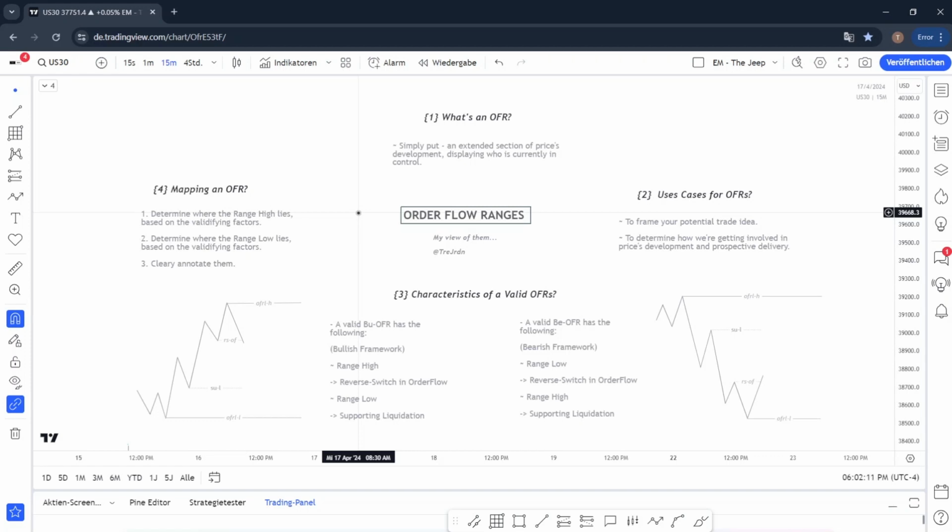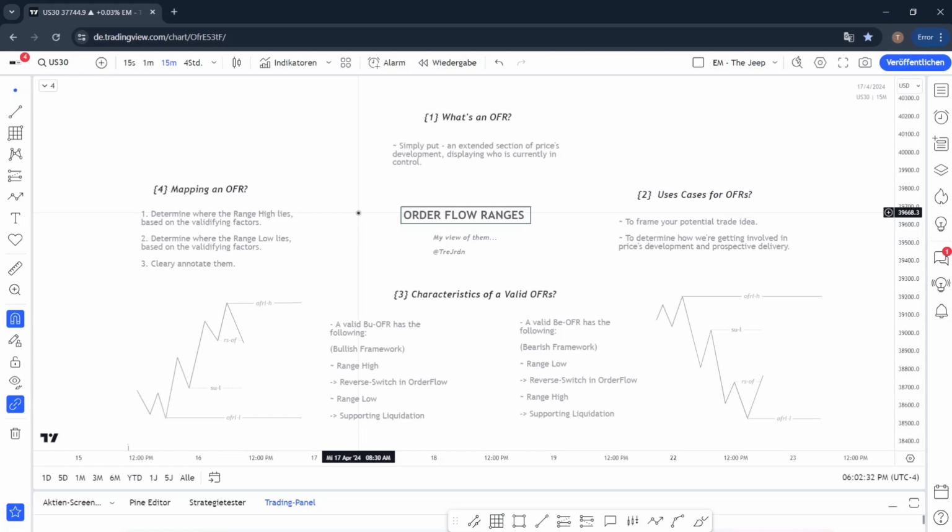Now, the third point, characteristics of a valid order flow. It's interesting. Simply, they have valid range highs and valid range lows, but there's a validifying factor for both of these.